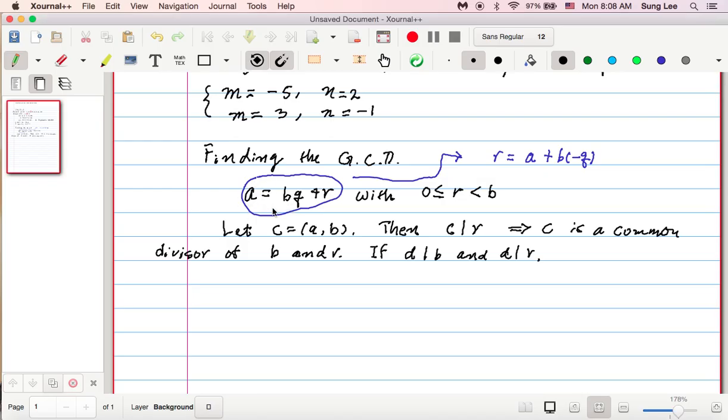Then d must divide a, because a is a linear combination of b and r, by the same property I quoted earlier.